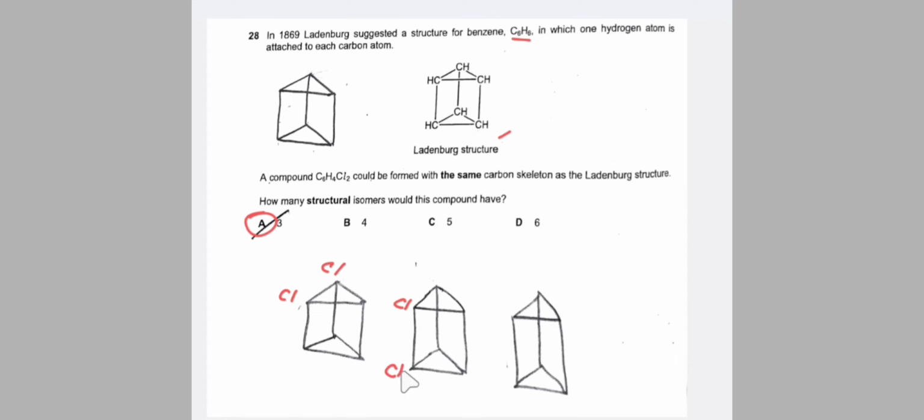That's why the second structure has the Cls adjacent, and the third structure would be crisscross, that is Cl on this carbon and this carbon. So this is the overall structure for the number of structural isomers. If you try to draw more structural isomers, you cannot, because only this type of structural isomers are formed, and this is a really critical question.